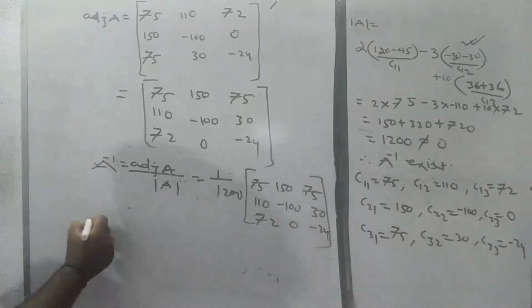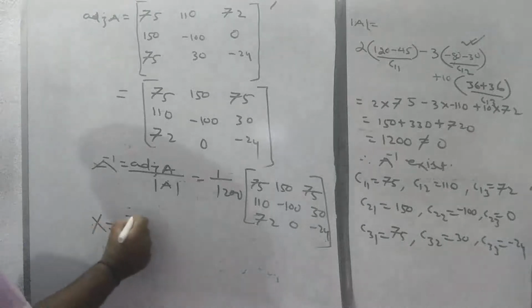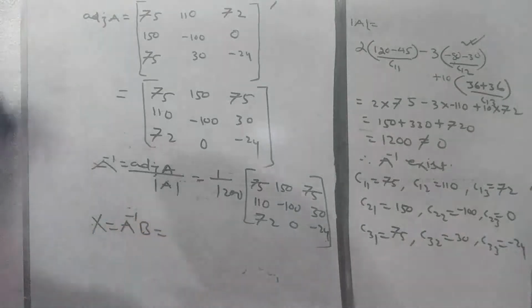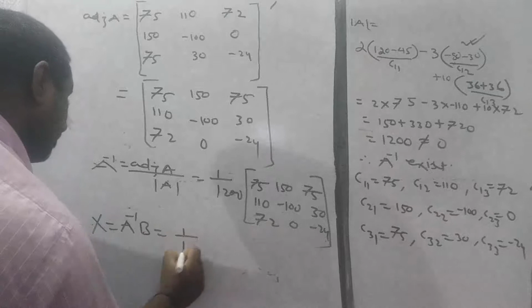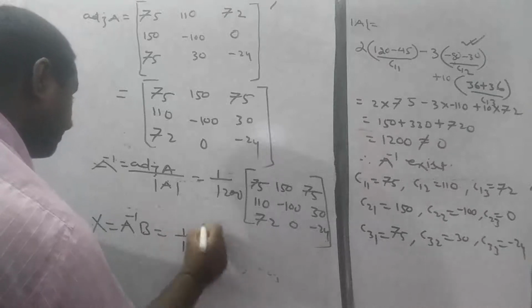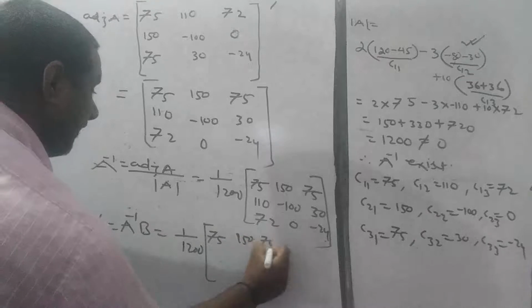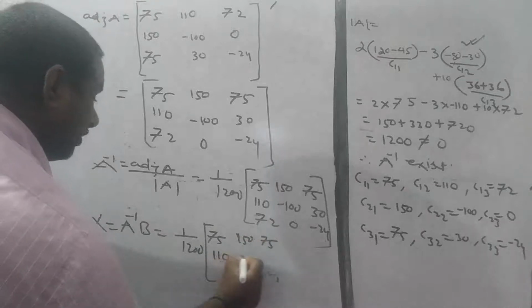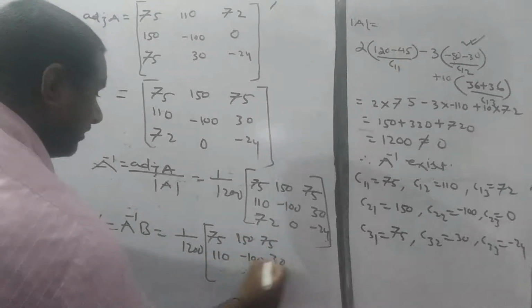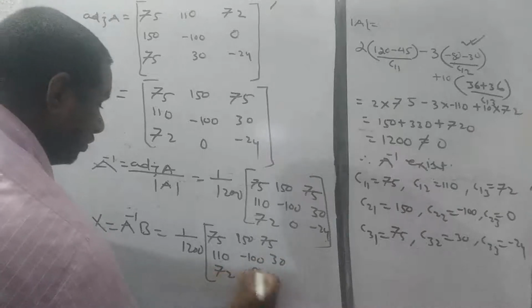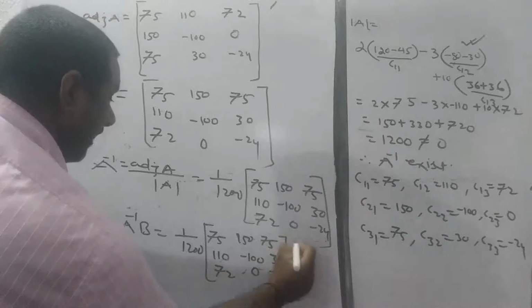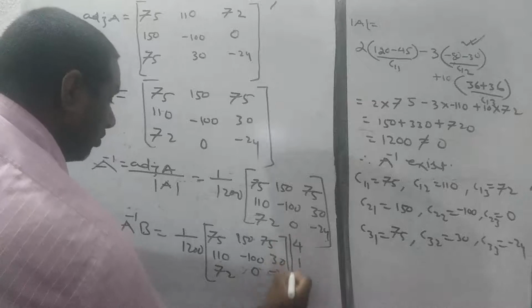And lastly X is equal to A inverse into B: 1/1200 times that matrix, and then 4, 1, 2.